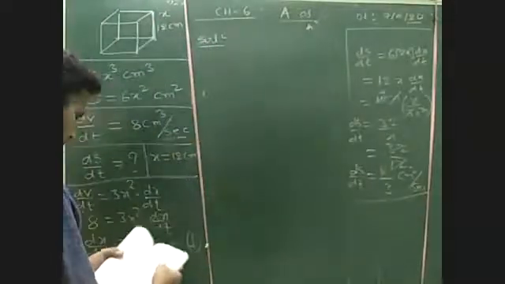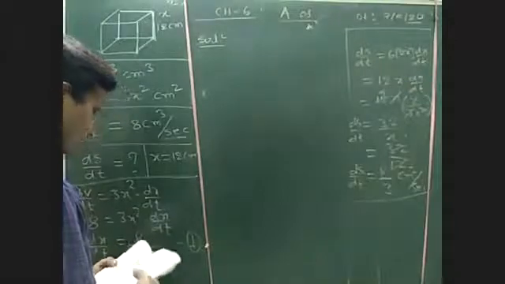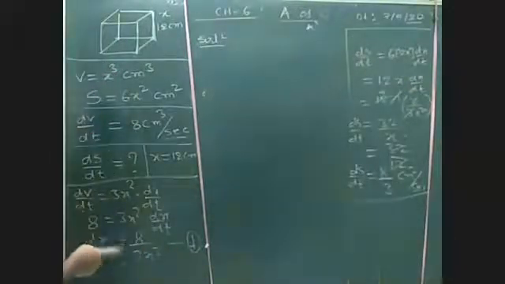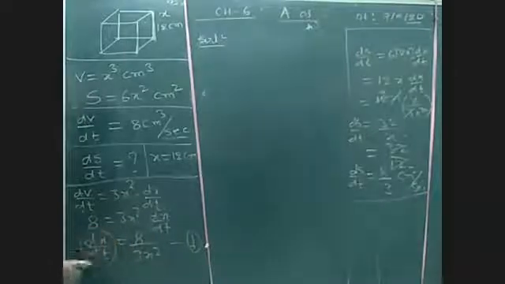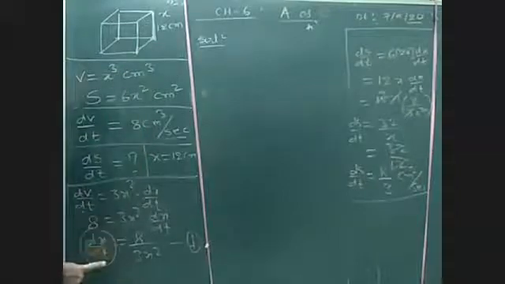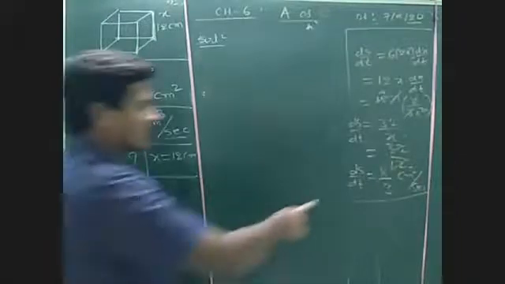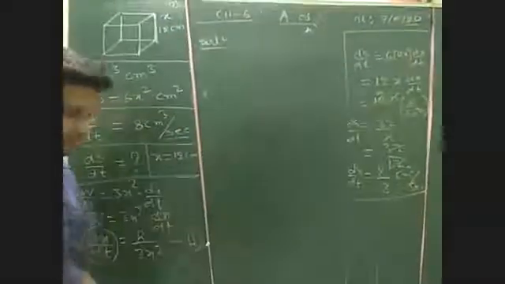So here, first what can you observe? First we can find out the rate of change of edge with respect to time. This rate of change of edge you can substitute in the rate of change of surface area.